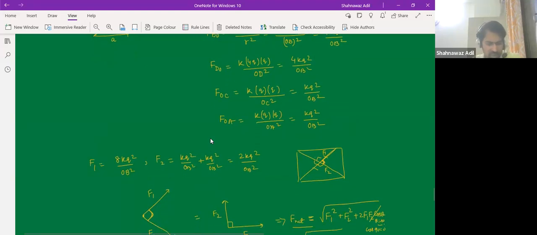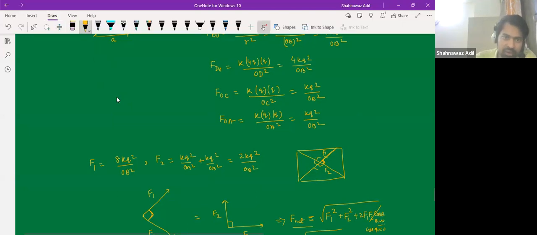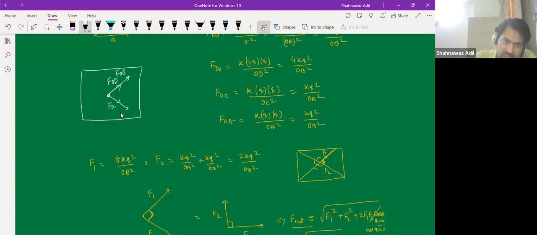Just remember what the forces were, right? We had these kinds of forces. At this point, two forces were in this direction, F BO and F DO, and then two forces were in this direction, F OC and F O, right?